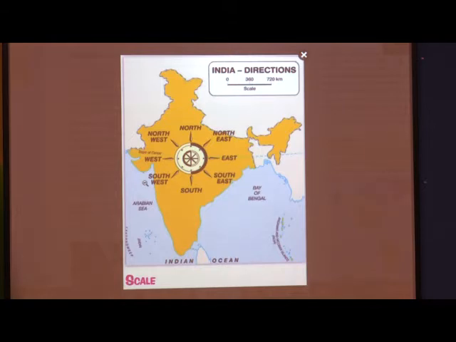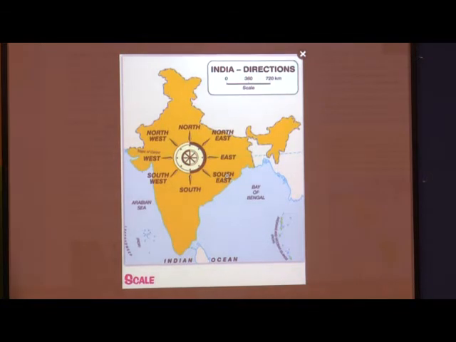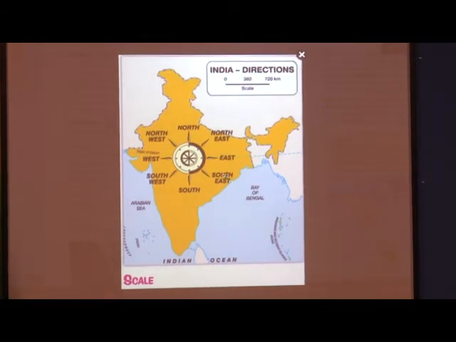Don't get confused with this. It is very easy. Whatever is between south and west is southwest. South and east, whatever direction or sub direction, it is southeast. So these are the directions of our country.